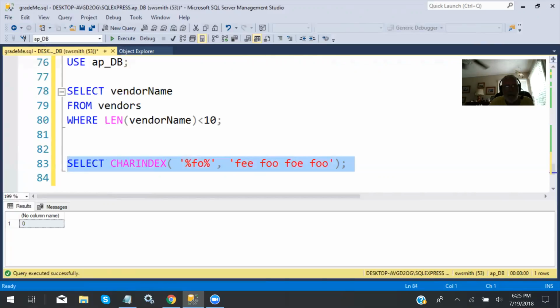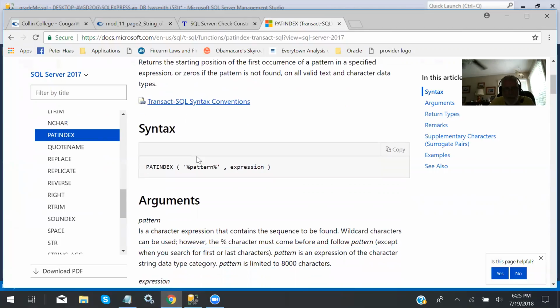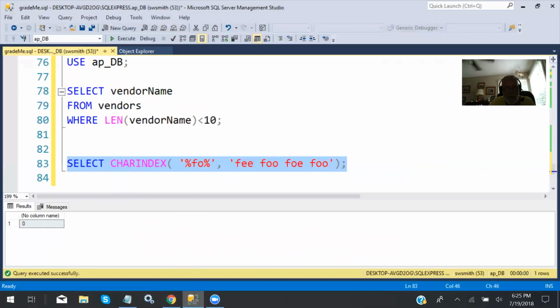So when I execute this, I'm expecting to find my first FO at 5, but I'm finding it at 0. Why am I not finding this one?